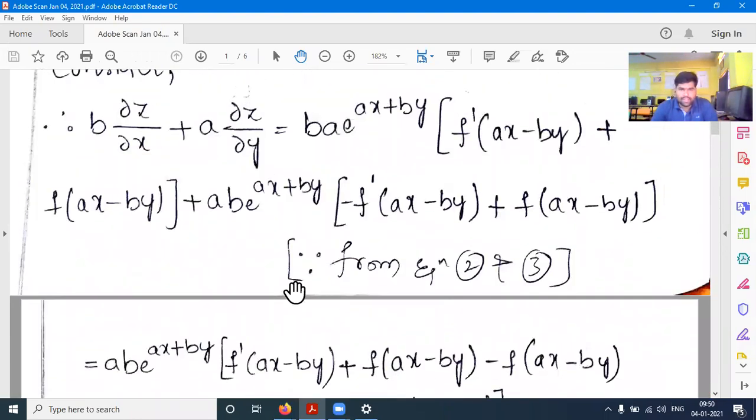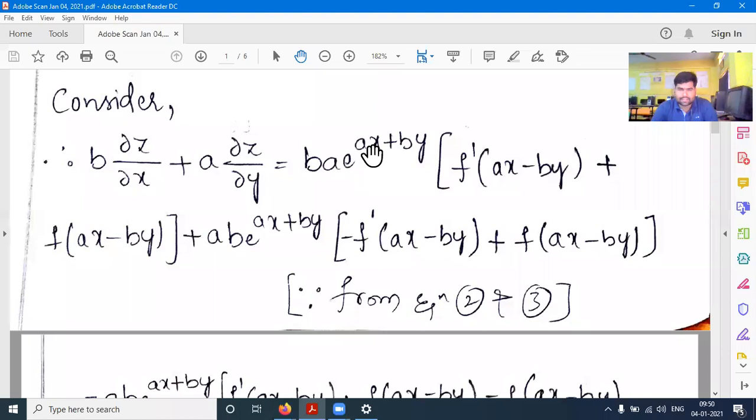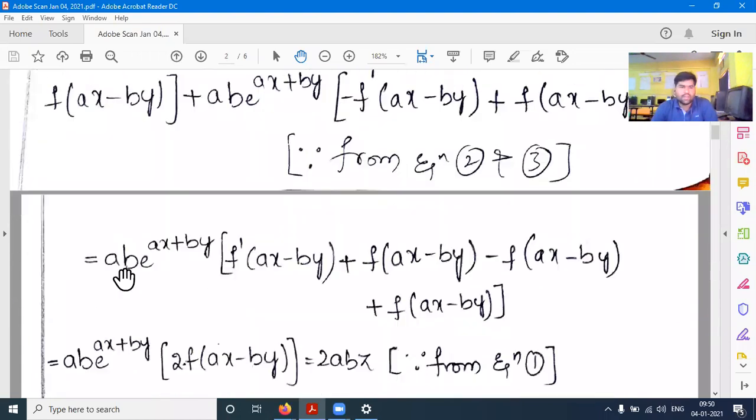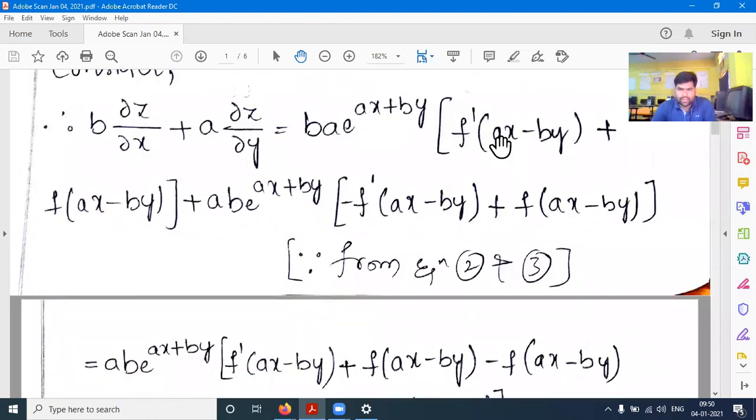In this, ab e power ax plus by is there. Here also ab e power ax plus by is there. So you have to take ab e power ax plus by common, into f dash of ax minus by plus f of ax minus by. So here minus is there.